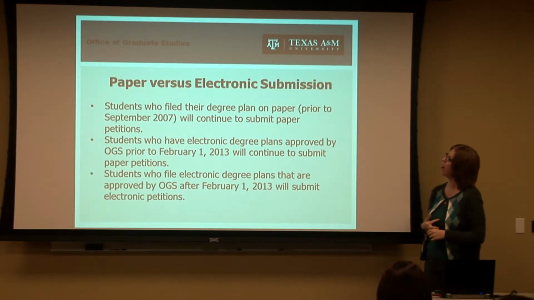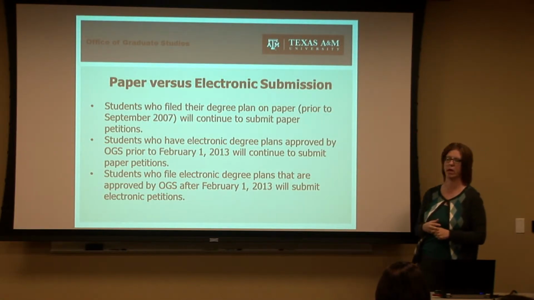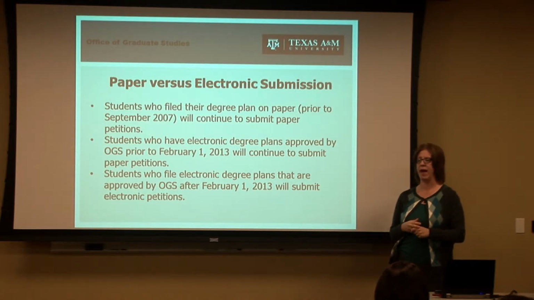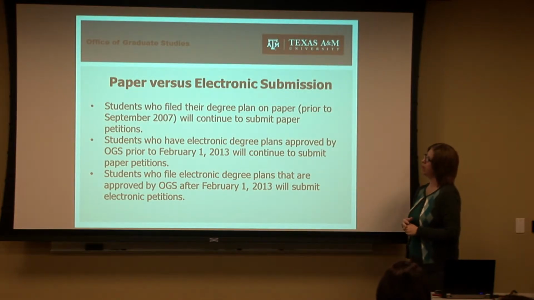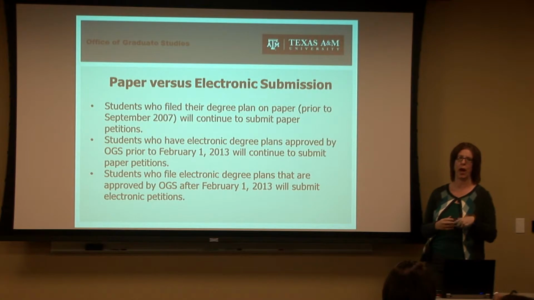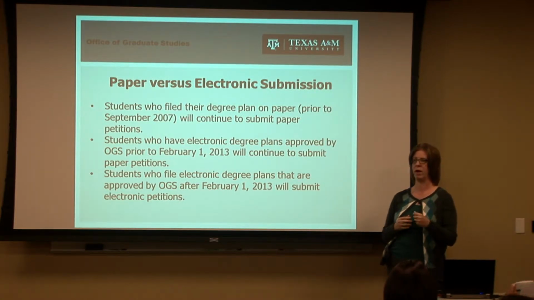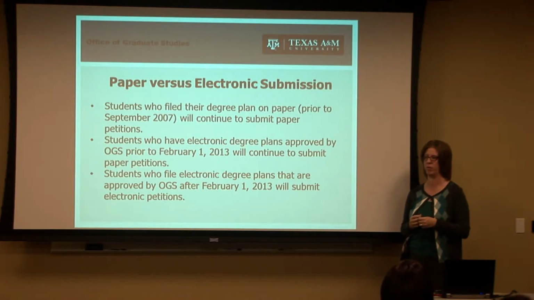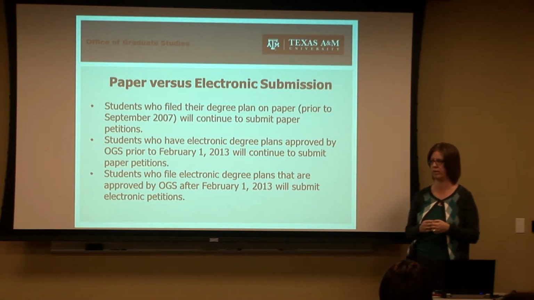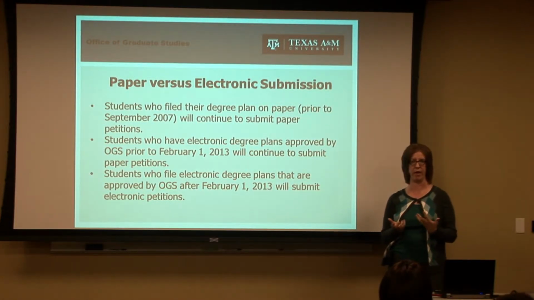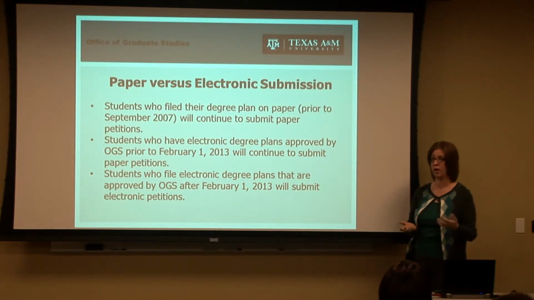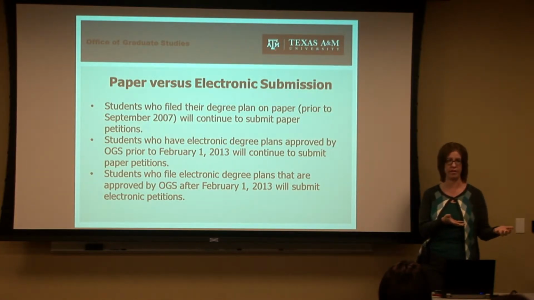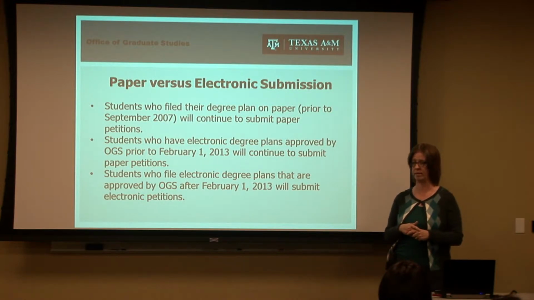Okay, now the final thing that is going to be a little bit different is that we do have a number of students who have paper degree plans because we did not make mandatory the submission of electronic degree plans until the fall of 2007. And so we have PhD students who were here prior to the fall of 2007 who still have paper degree plans.